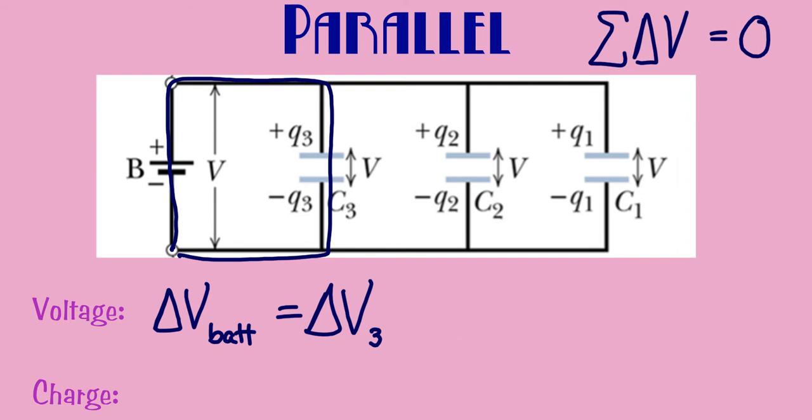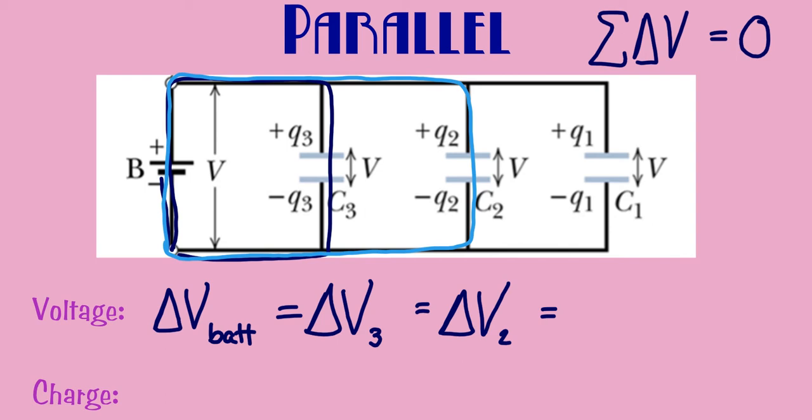I could do the exact same thing going through other loops. So starting down here, let's choose a different color. Starting down here, going through the battery, but instead going through my second capacitor, getting back to where I started. This time, I'd have the positive potential difference going through the battery, and then once again, a negative potential difference, but this time it's the one across C2 equals 0. Well, that tells me that the potential difference across C2 must also be the same.